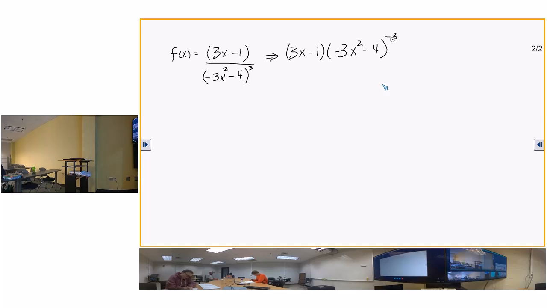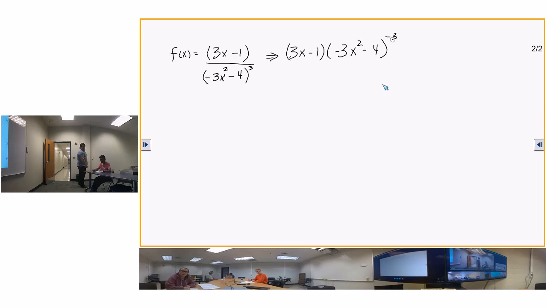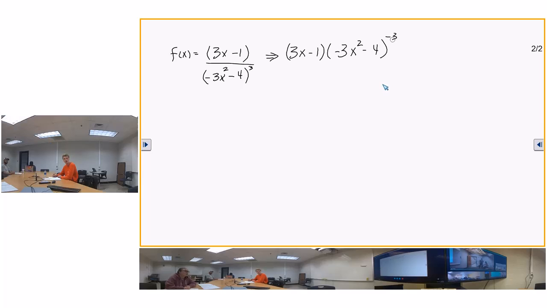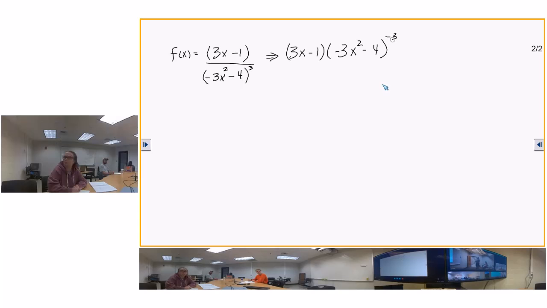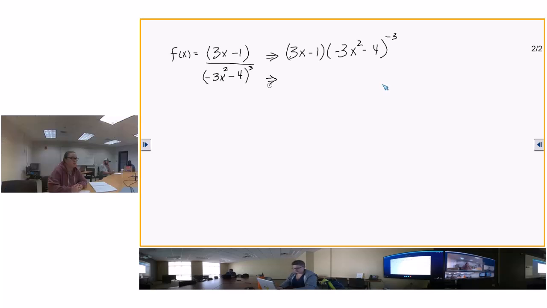That's the way I'm going. You don't have to do that. It's the -30. You don't have to. He just pulled it up and made it negative. And then use the product rule instead of the quotient rule.